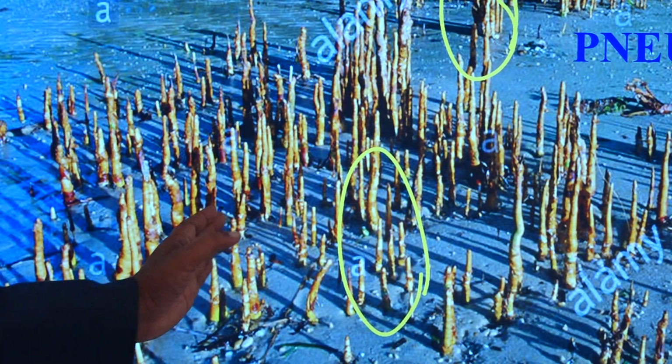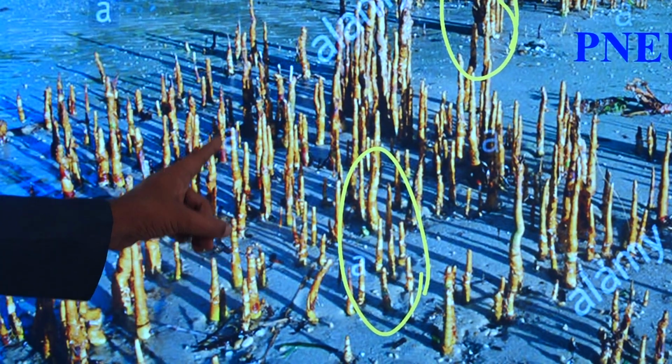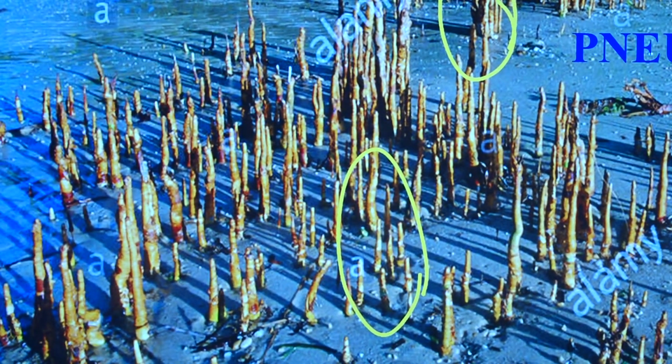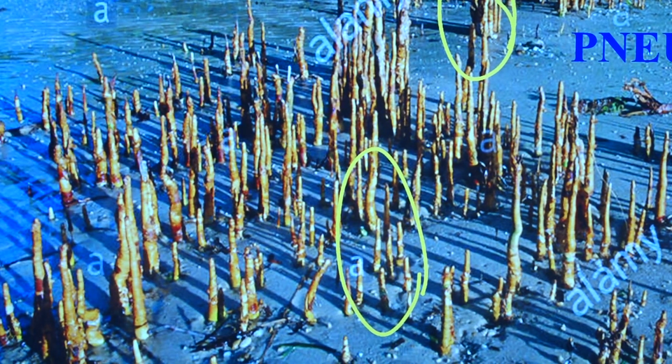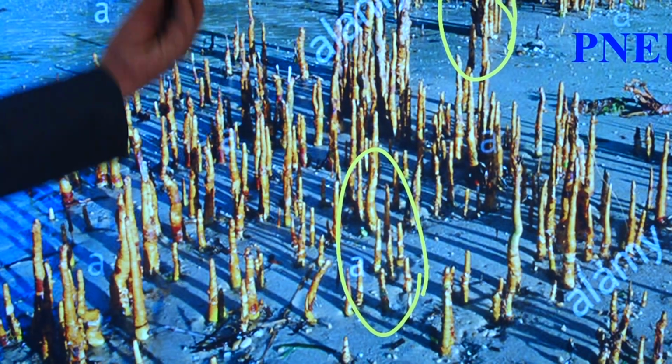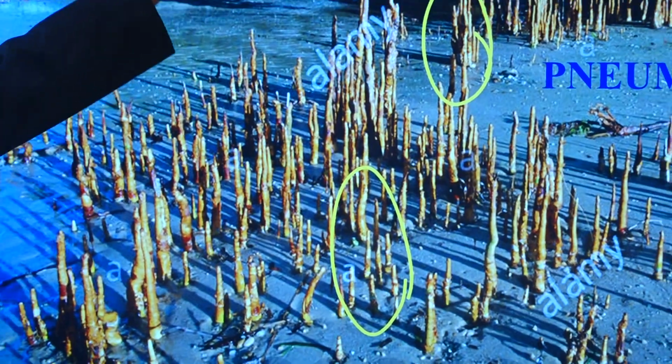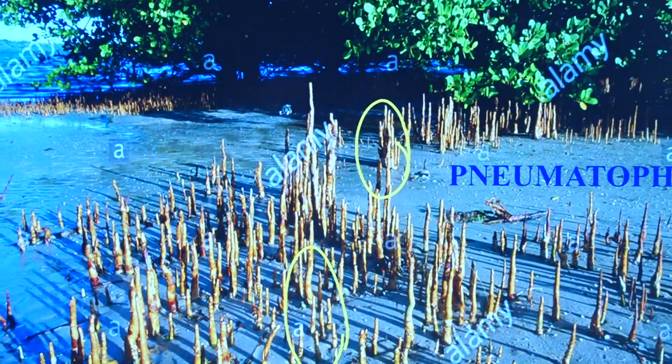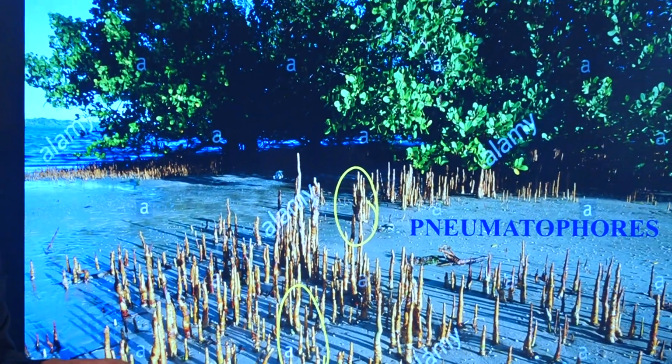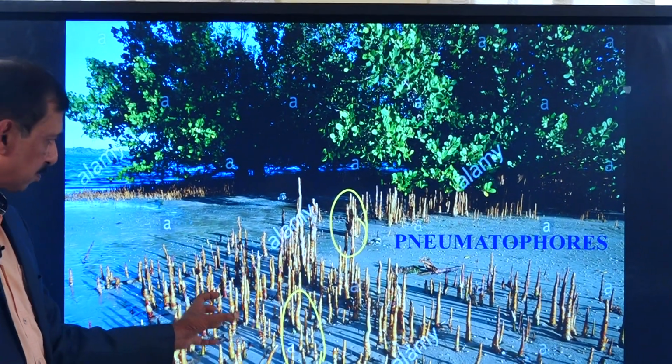Due to lack of aeration, these roots are unable to get the respiratory gases. That is why they develop roots above the soil surface and obtain the gas from the atmospheric air, respire properly and develop properly.